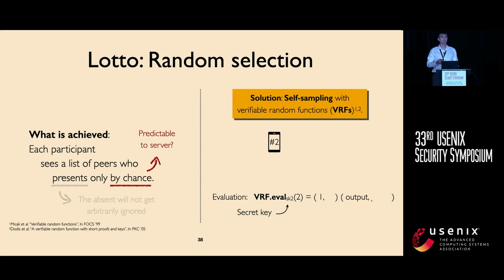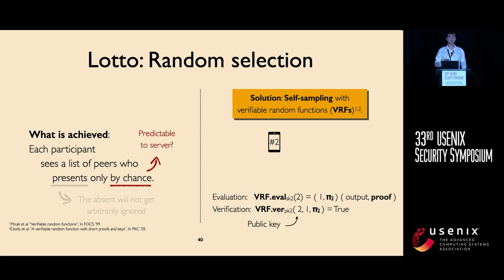Compared to a common random function, a VRF is evaluated using someone's secret key, which is not intended to be disclosed to the public. But on the other hand, the evaluation process can still be verifiable because it will produce a proof with which someone holding the public key can verify the correctness of the generation of the random number.